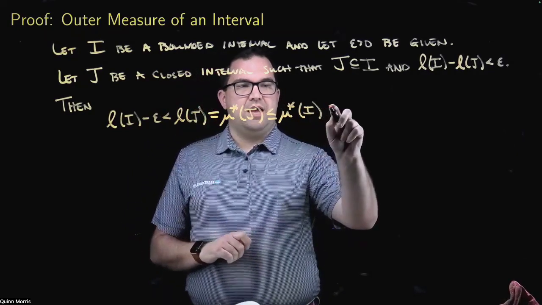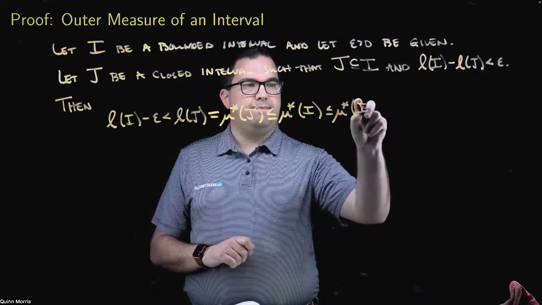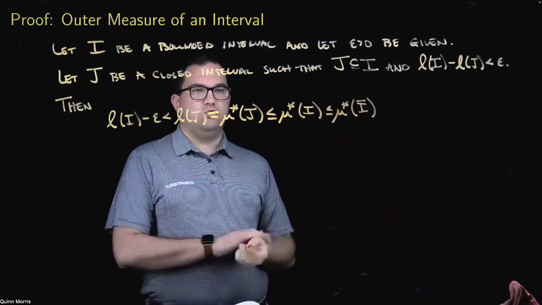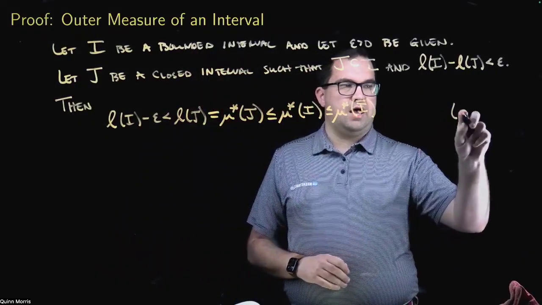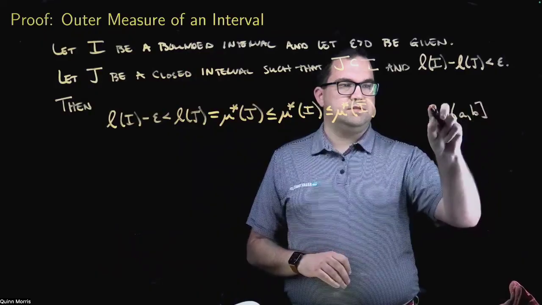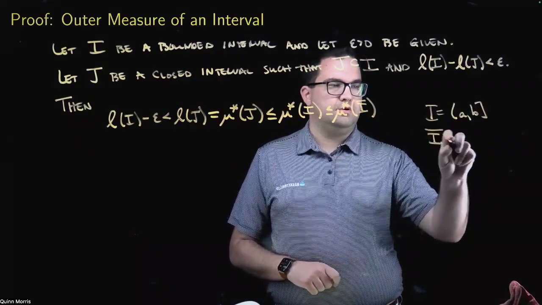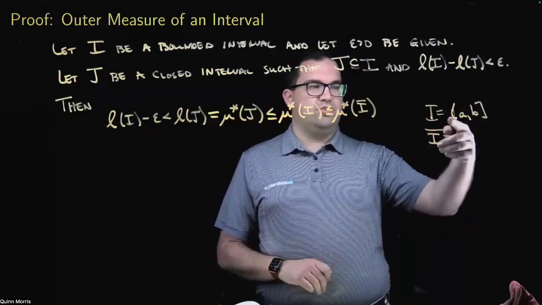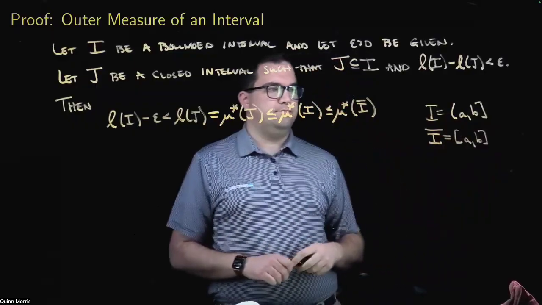But I itself is a subset of I closure. If this is my interval I, that's a bounded interval, I closure is just I union with all of its limit points. It just gives us the closed interval AB here.